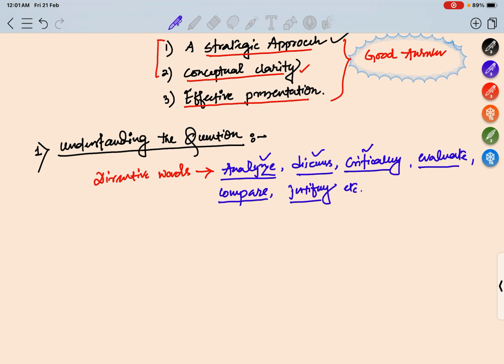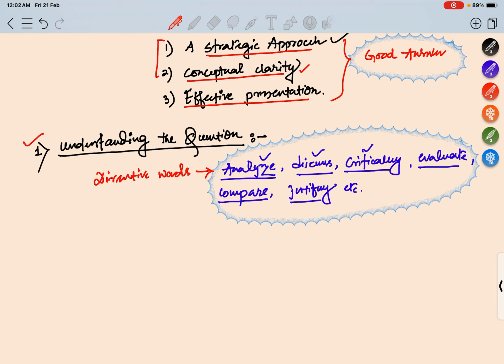In discuss-type questions, what are they actually asking? All these things together will take another class itself, so I am not going into detail here. We will take this up later. First of all, we will stay in the answer writing section only. We will not go into this section today.